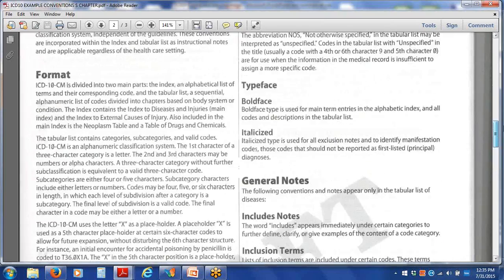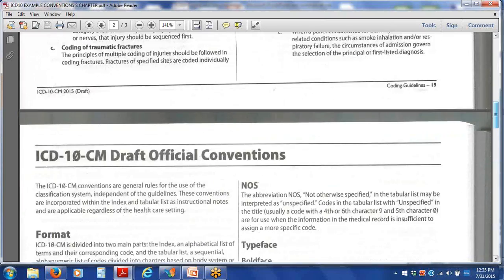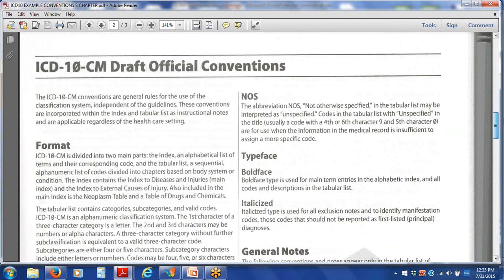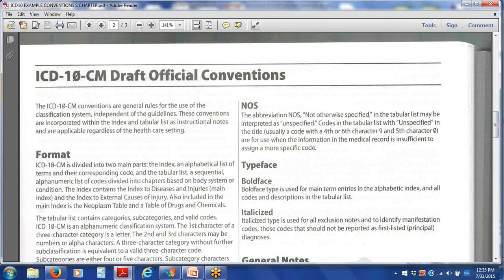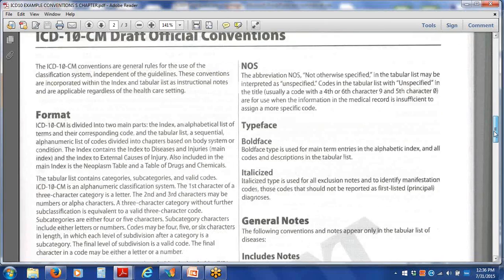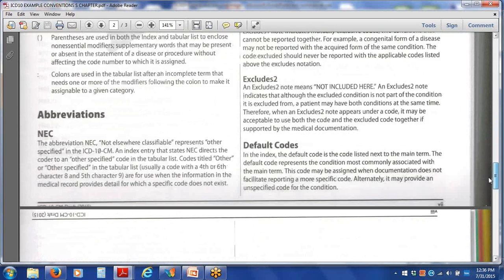And again, all of this is found in the AMA book. If you have an industry-specific book, you will probably have these definitions as well. For instance, ChiroCode might have these at the front of their book. So learn them and know them. Know what those coding rules are.